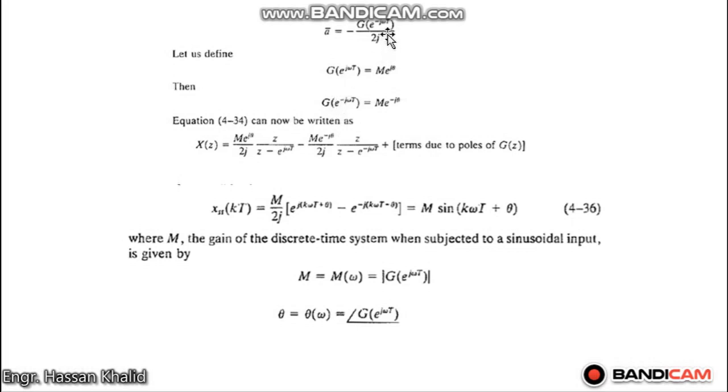Since there were two quantities, one was G of minus j omega T and the other was with the positive quantity, we can replace those with the variation in their phases. One will be negative and the other will be positive. However, the magnitude in both cases will remain the same.